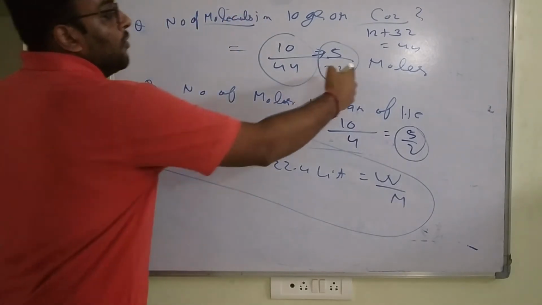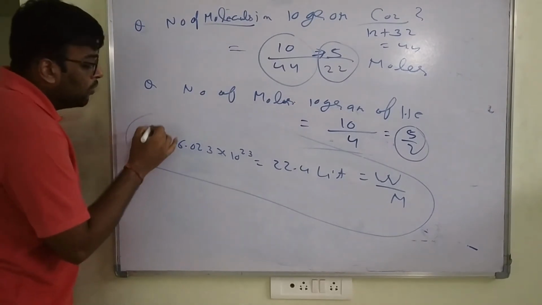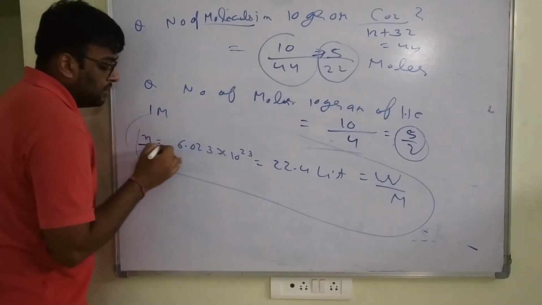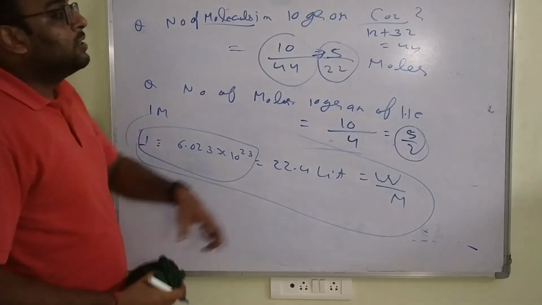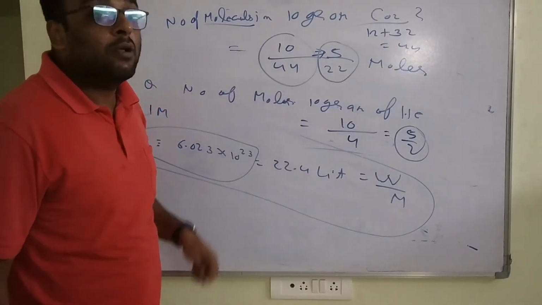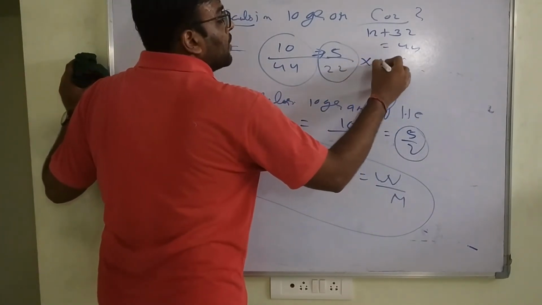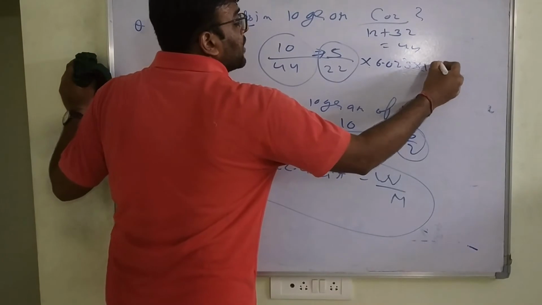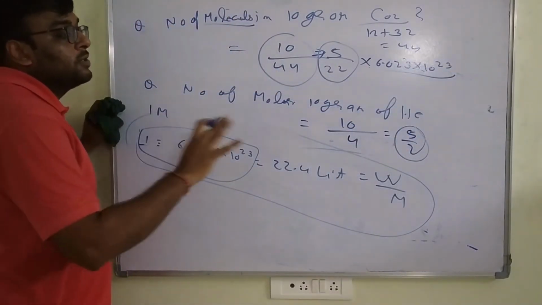How can we see? This is the number of moles, and we know that 1 mole is equal to this. And we have this number of moles. So how can we calculate the molecules? We simply multiply by Avogadro number, 6.023 into 10 raised to power 23.